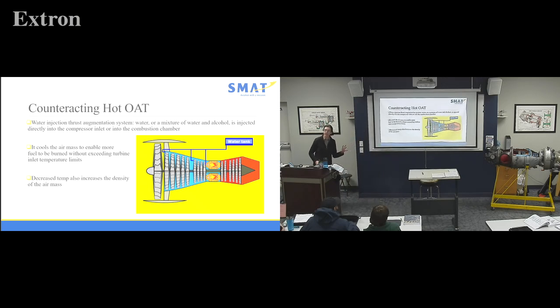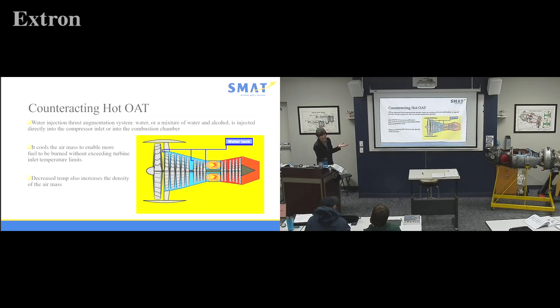What that does is it cools that air mass so that more fuel can be burned without exceeding the turbine inlet temperature limit, which is the most critical portion. And cooling the air also increases the density of the air mass.